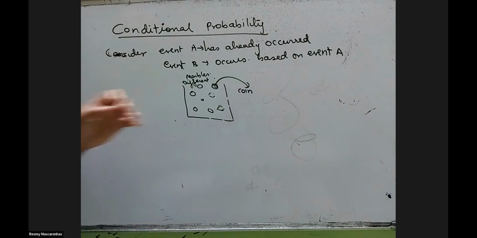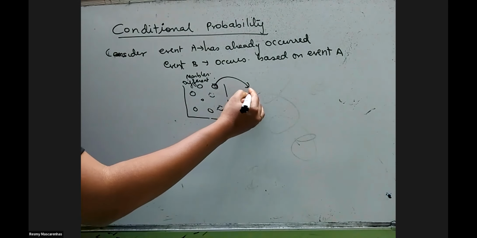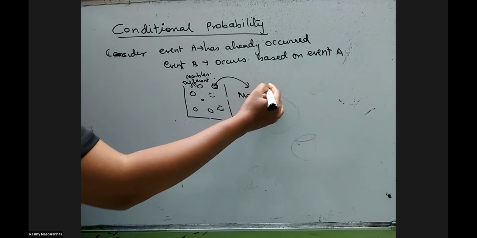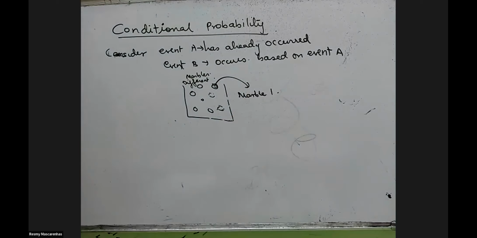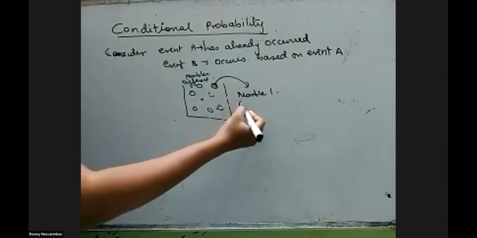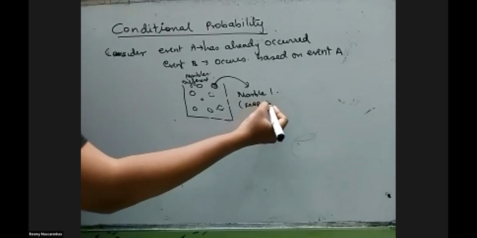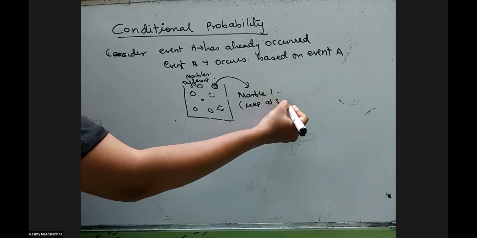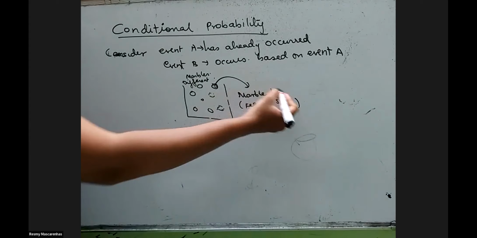Now first one marble you are picking up. One marble you have picked up and kept at the side. So this has already occurred. Now this is event 1.